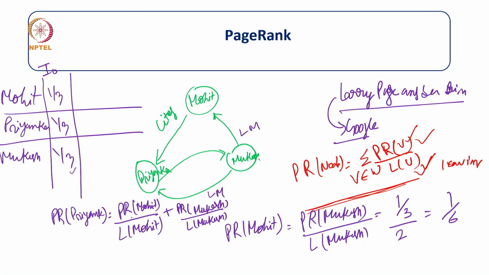Why? Because Priyanka is getting input from Mohit also and then input from Mukesh also. Okay. So Priyanka is cited by Mohit also and Mukesh also. So now we will calculate PR of Mohit is 1 by 3 and the leaving nodes are 1.